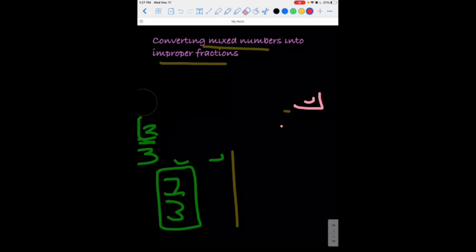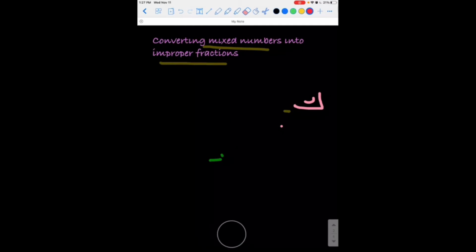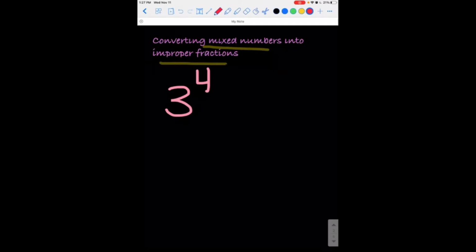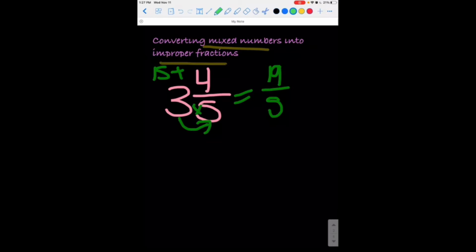Let's do one more. So now let's do 3 and 4/5. If you really like the first method you could use that, but I'm going to use the second method. You multiply: what's 3 times 5? 15. Now add: what's 15 plus 4? 19, and you keep that denominator over here. So this is really simple.